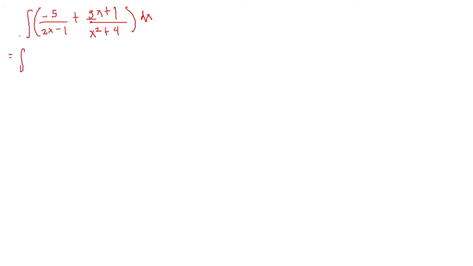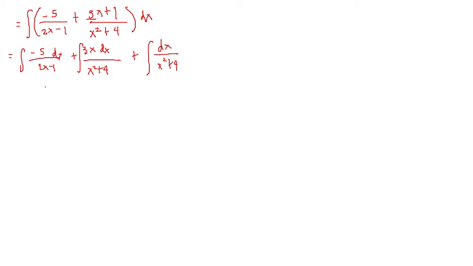Okay, so let's further simplify. So negative 5 over 2x minus 1 plus 3x dx over x squared plus 4 plus dx over x squared plus 4.